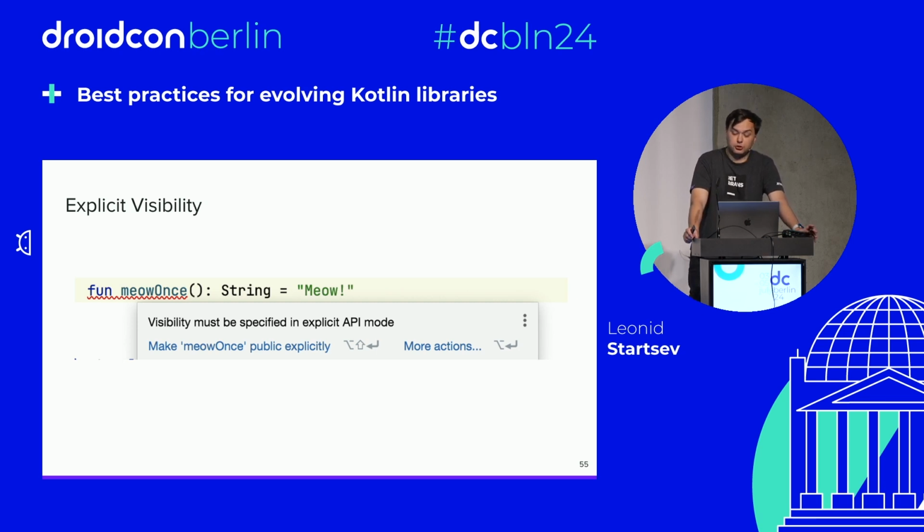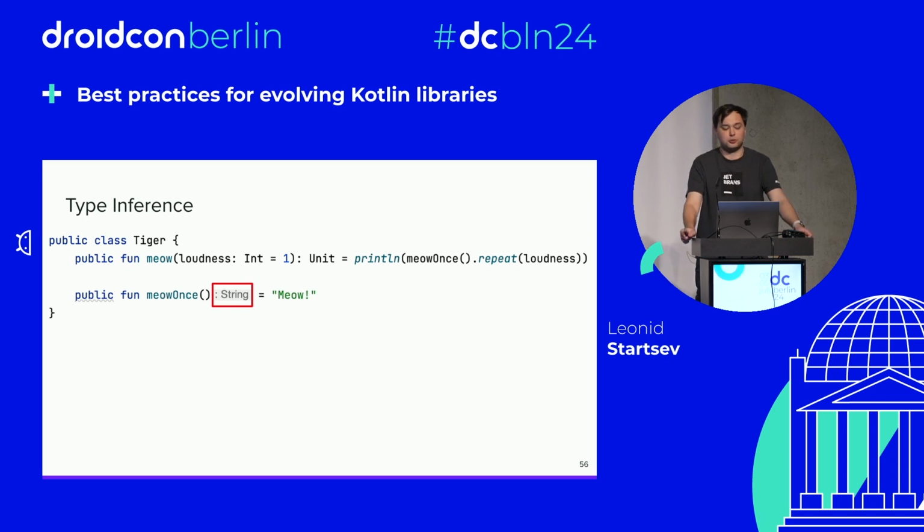And it will also offer you a handy quick fix to add a public modifier. So it is quite convenient to not wait for an API check task failure or a CI build failure, and to be able to fix this problem right away in IntelliJ just after you write this function.